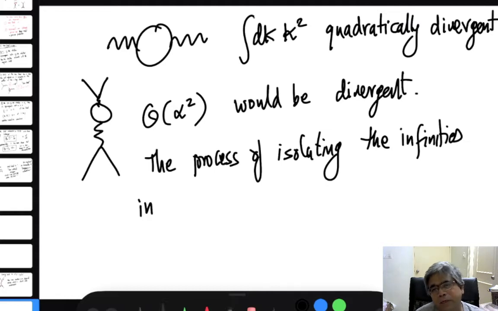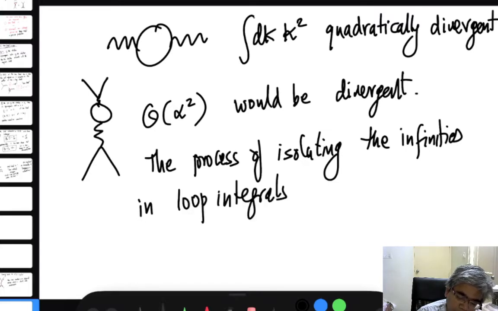It doesn't matter whether they are quadratically divergent or otherwise; there are divergences coming because k goes to infinite values. This process of isolating the infinities in loop integrals is called regularization.